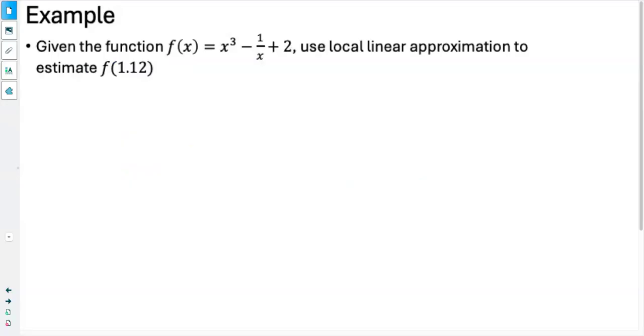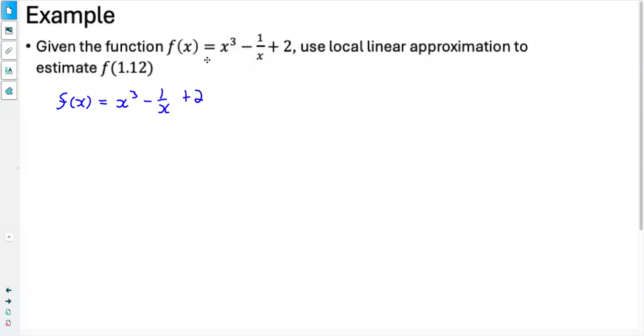Next example, given the function f of x is equal to x cubed minus 1 over x plus 2, use local linear approximation to estimate f of 1.12. So I'll start by rewriting this equation. We've got f of x equals x cubed minus 1 over x plus 2.